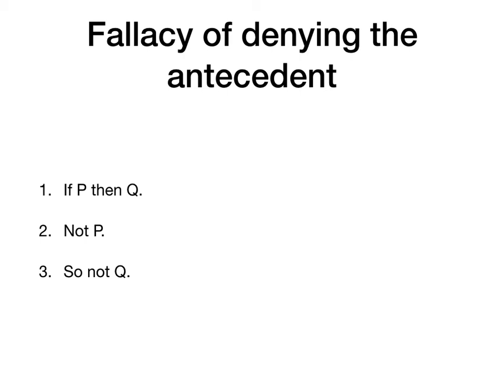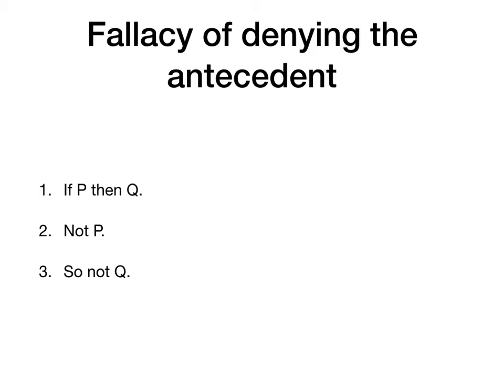But number one never says that P is the only way to get Q. Other things might cause or make Q happen. So you don't know from the fact that you don't have P that you don't have Q. The argument never said that. The argument says, well, if you have P, then you're going to get Q. It never says if you don't have P, then you won't get Q.